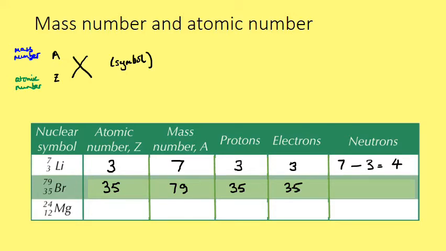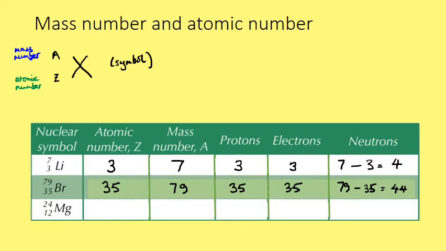And the neutrons, if we've got 79 nucleons, 35 of which are protons, then we find the number of neutrons just by taking our atomic number from our mass number, and that gives us 44 neutrons, like that. And so quickly we'll do the same for magnesium, also a neutral atom.